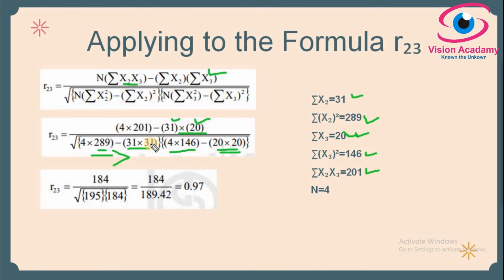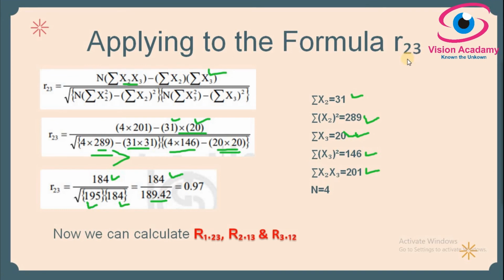When we do so, the numerator is 184, the denominator is 195 into 184. This is subtraction, multiplication, and thereafter we have taken the root. So 184 by 189.42 will be 0.97. So by this way we obtained R12, R23, R31.